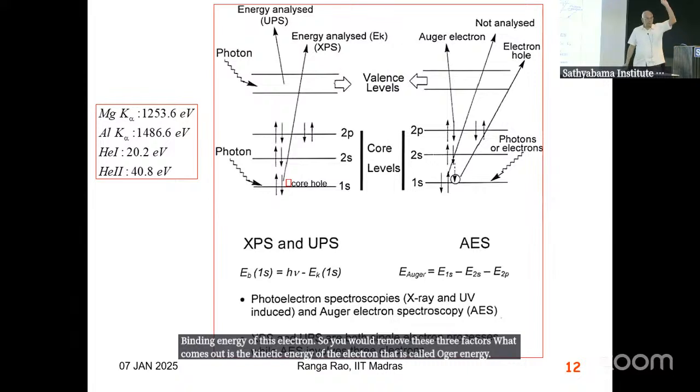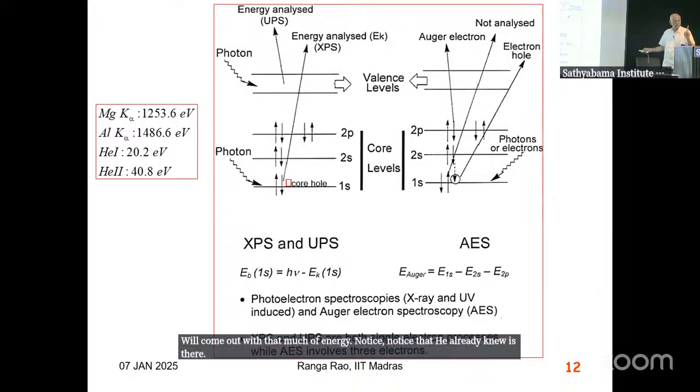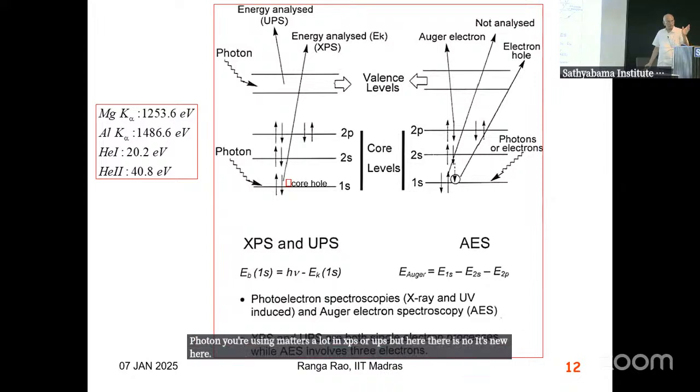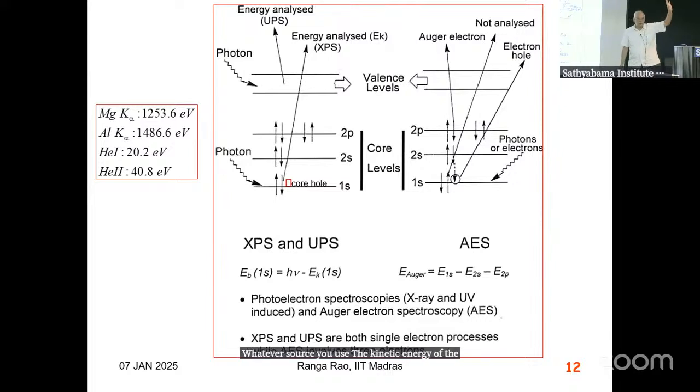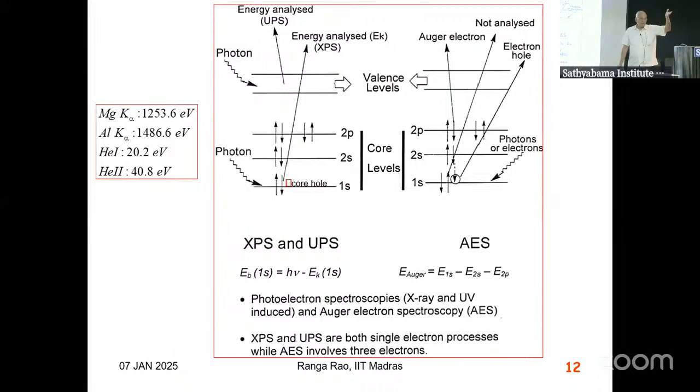The Auger electron will come out with that much energy. Notice that there is no h nu here. What photon you use matters a lot in XPS or UPS, but here, whatever source you use, the kinetic energy of the Auger electron is going to be fixed. Incidentally, in Auger spectroscopy, people don't generally use photons; they use electrons. That's a different story.